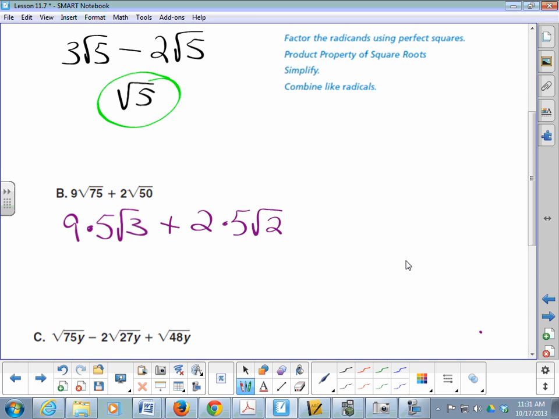It does not mean add those numbers, and sometimes that happens, so don't do it. When I get to this point here, it's multiplication. So this is 45 square roots of 3 plus 10 square roots of 2. And at least a couple of you on a quiz will write 14 and 7. And it's not 14 and 7. Multiply them together.